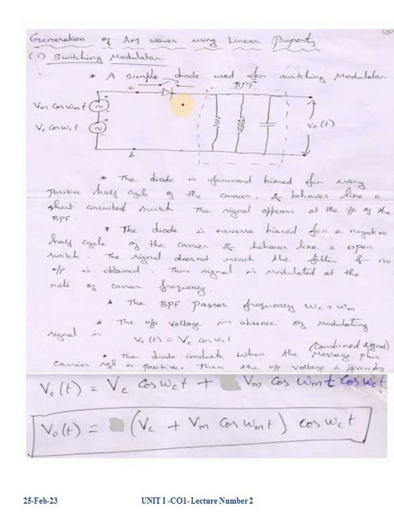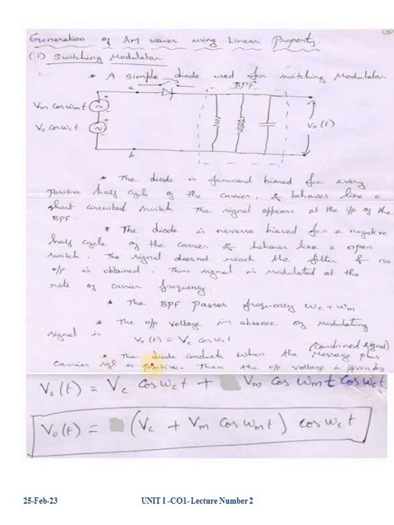The diode starts conducting for positive values when it is forward biased. Whenever it is reverse biased, during the negative half cycle, the switch is open and there is no current conduction. So only the positive half cycles are transmitted after modulation. The band pass filter allows only the required band of frequencies. This is the basic concept of the switching modulator.